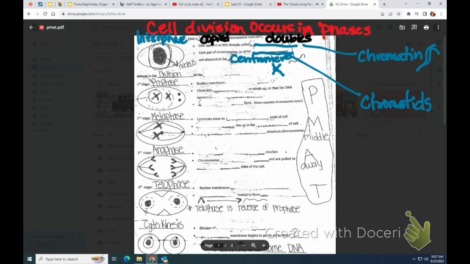That genetic material within the nucleus will be visible. So again, it reads, DNA is copied, the chromosome number doubles. DNA appears as thin threads called chromatin. Each pair of chromosomes or sister chromatids are attached at a centromere.